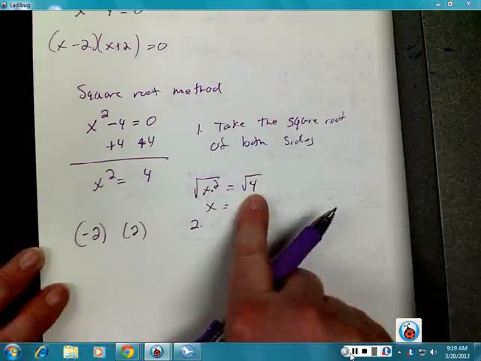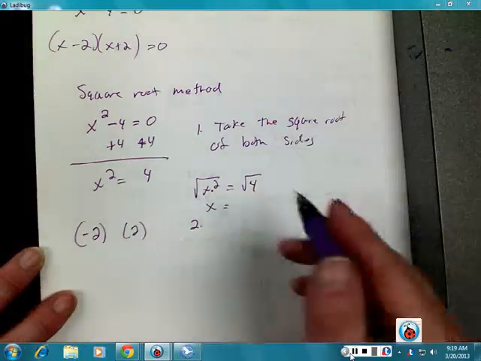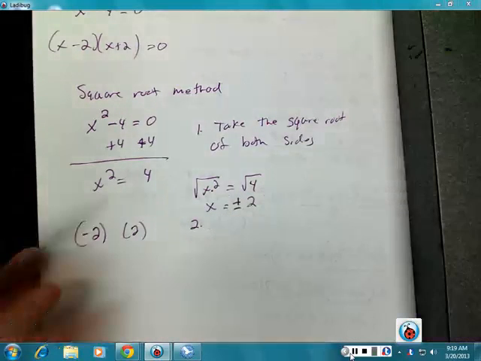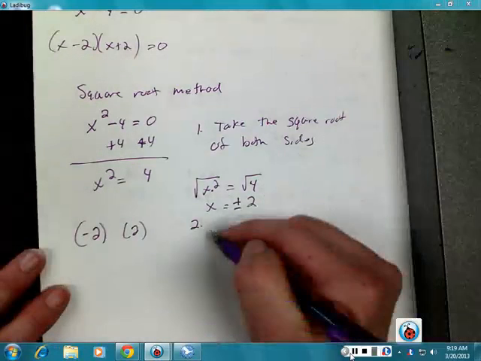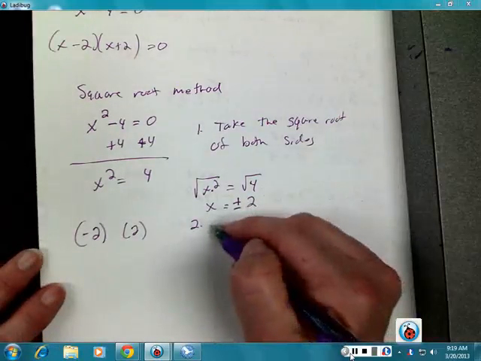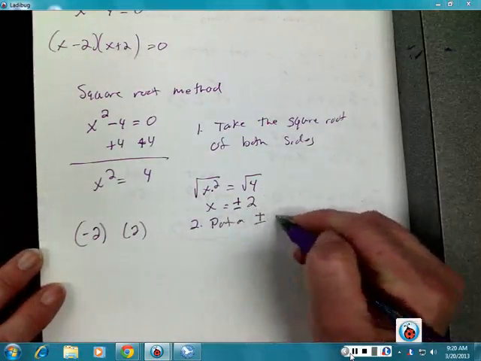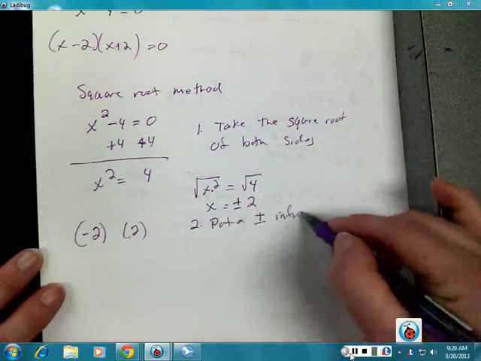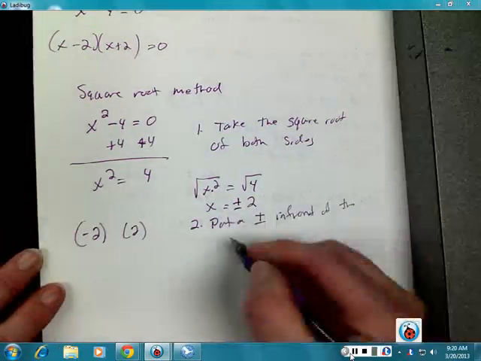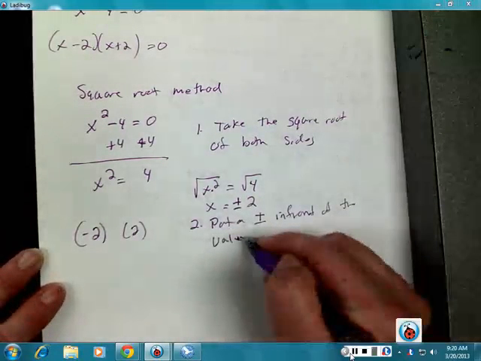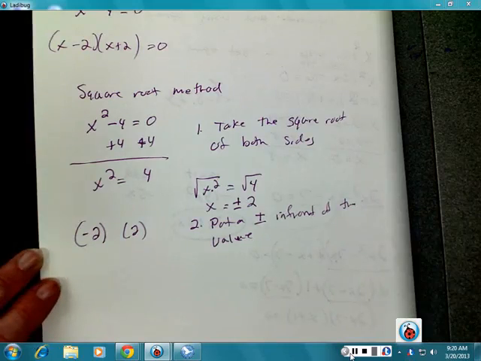But when I take the square root of 4, I'm going to end up always putting in front of this a plus or a minus. So put a plus minus in front of the value because it could be a plus or it could be a minus when I work that one out.